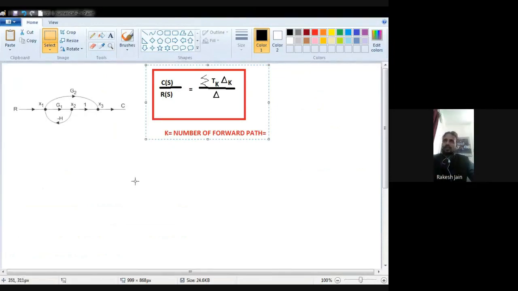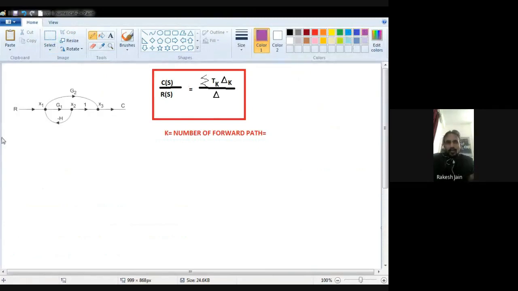The value of k denotes the number of forward paths, and on the basis of that number of forward paths we will convert the formula. So for this question we see the input side is R, the output side is C. So C upon R we have to calculate. We generally write it in Laplace as CS upon RS, no problem.